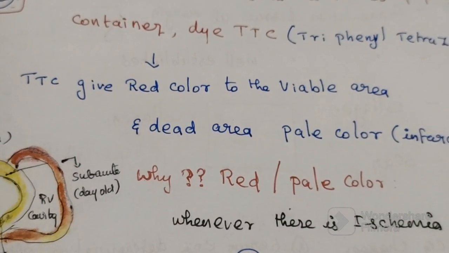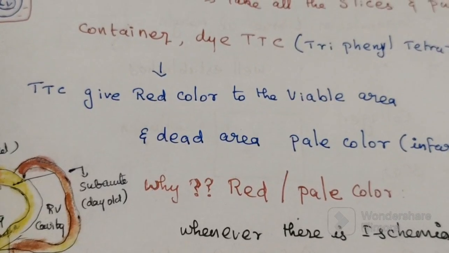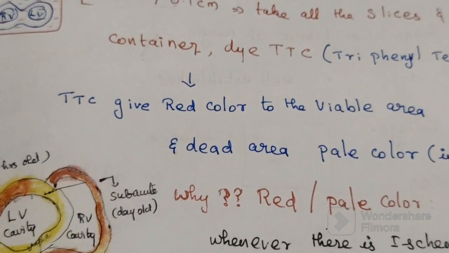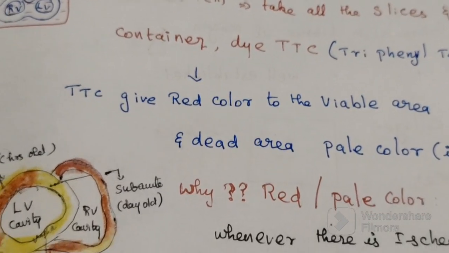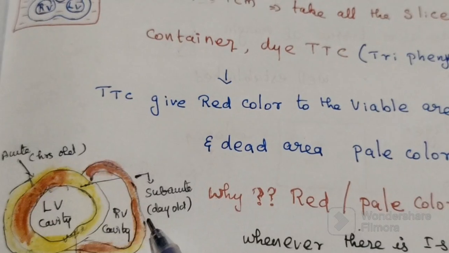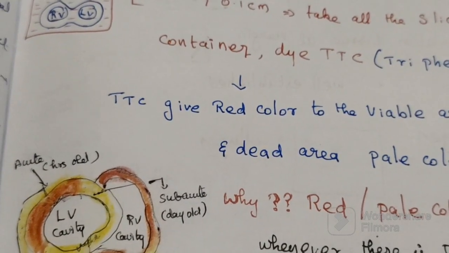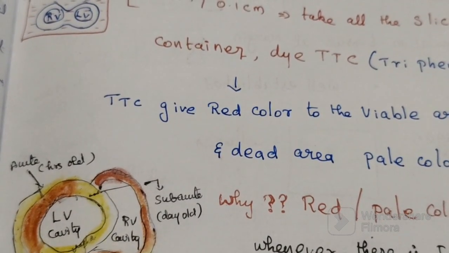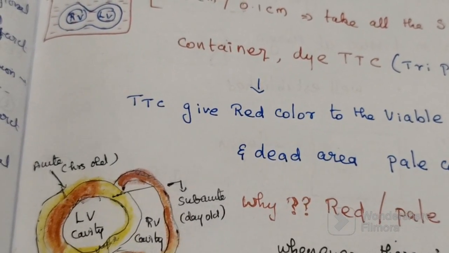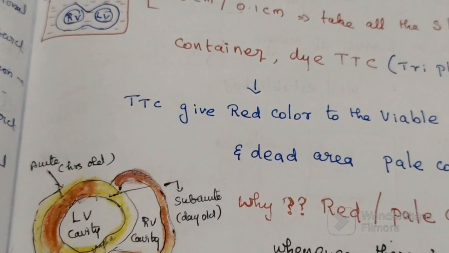All these slices become red except the infarct area, which will be yellow. A complete slice is red. It is viable, but you can see that yellow portion. This is that infarct area.